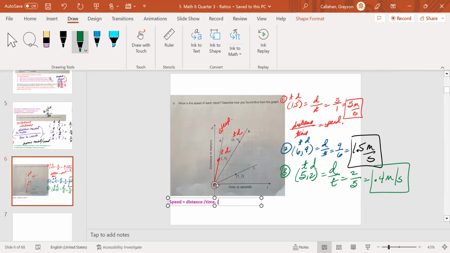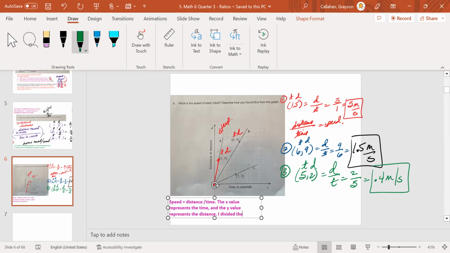The x value represents the time, and the y value represents the distance.